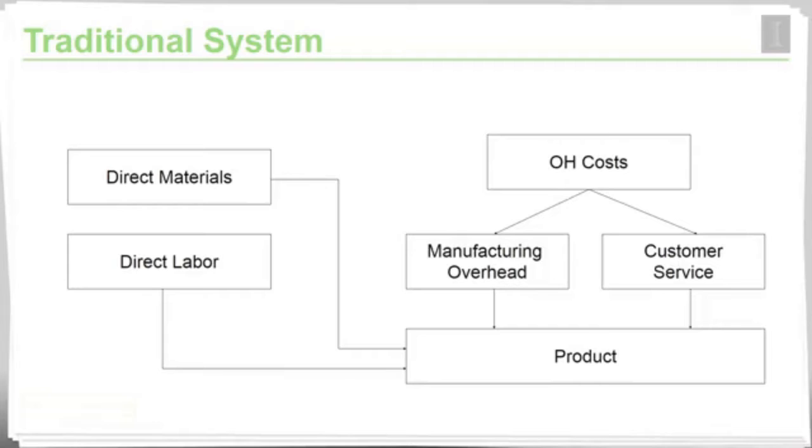They might have a couple of different pools that they break overhead down into. The manufacturing overhead, if this was a goods-based product, and then perhaps other sorts of administrative or supporting overhead, such as customer service. And then these pools compile a variety of different types of overhead, and then it's split up over the various products using an estimation process.